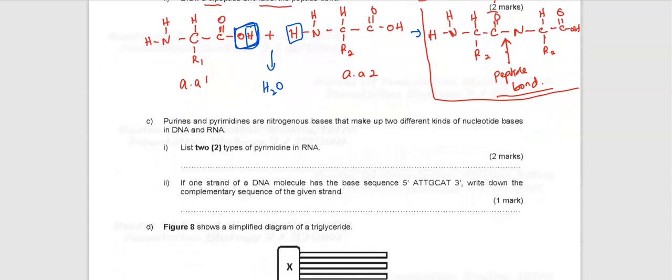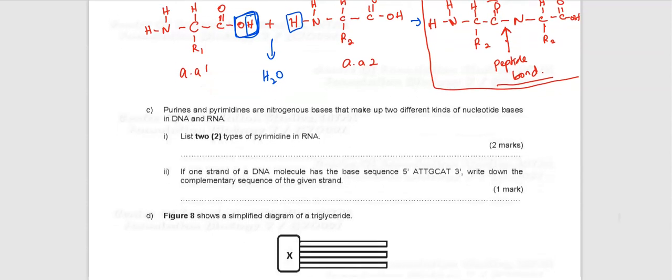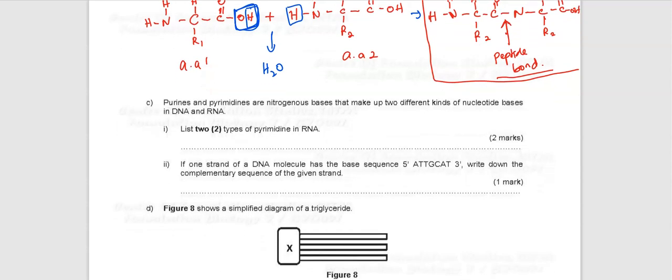So next, question C. Purines and pyrimidines are nitrogenous bases that make up 2 different kinds of nucleotide bases in DNA and also RNA. For purines, examples of nitrogenous bases are adenine and guanine.